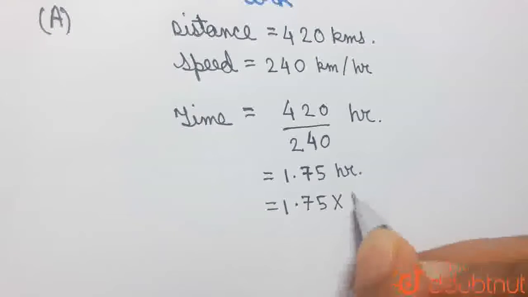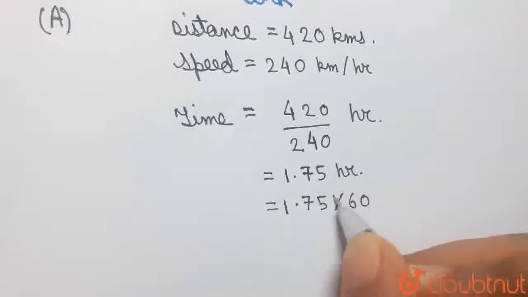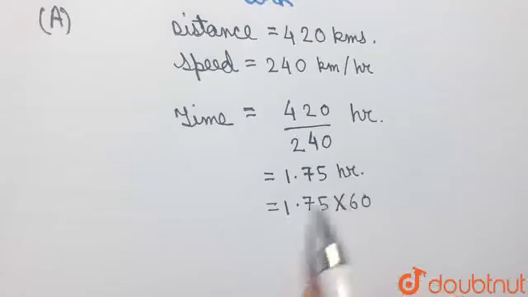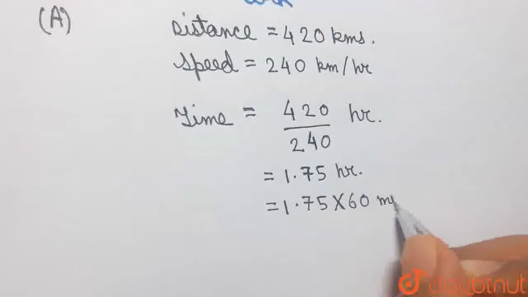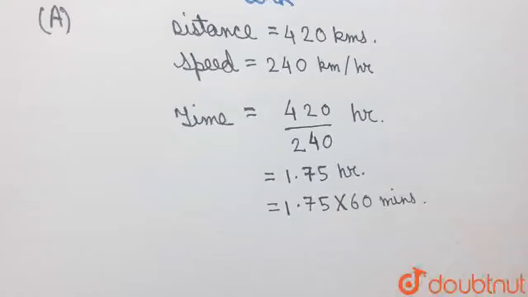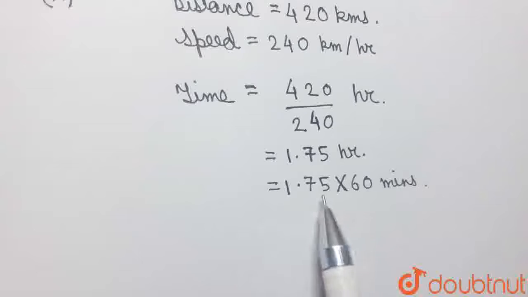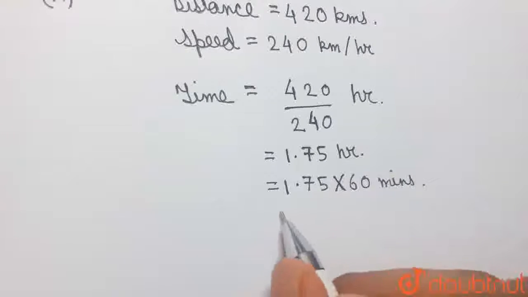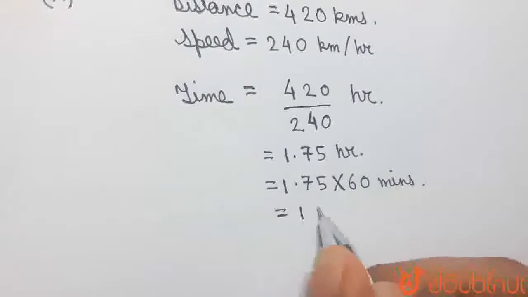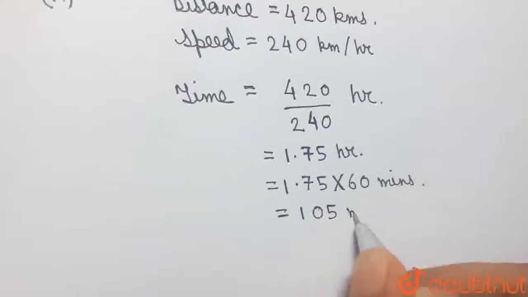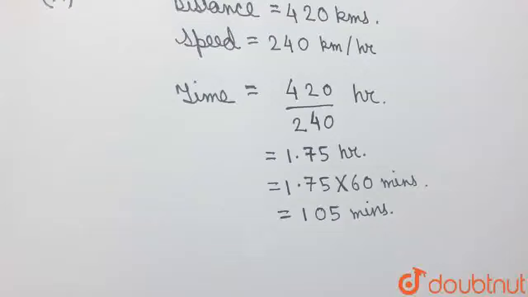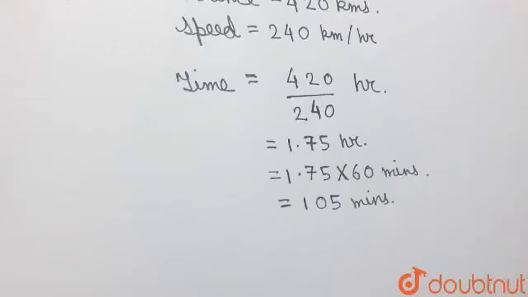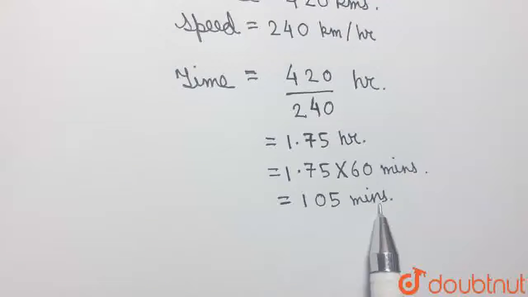Since each hour has 60 minutes, 1.75 hours can be written equal to 1.75 into 60 minutes. Now this value 1.75 into 60 when calculated using a calculator comes out to be 105. So we can conclude that the bullet train takes 105 minutes to travel from Xenia to York.